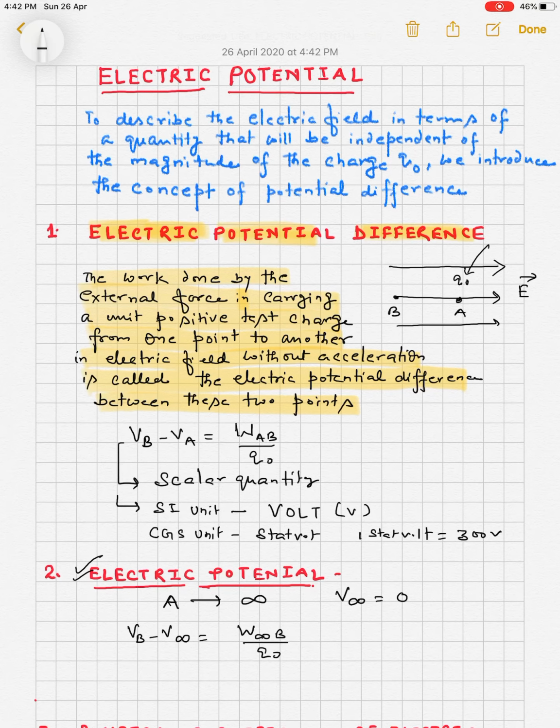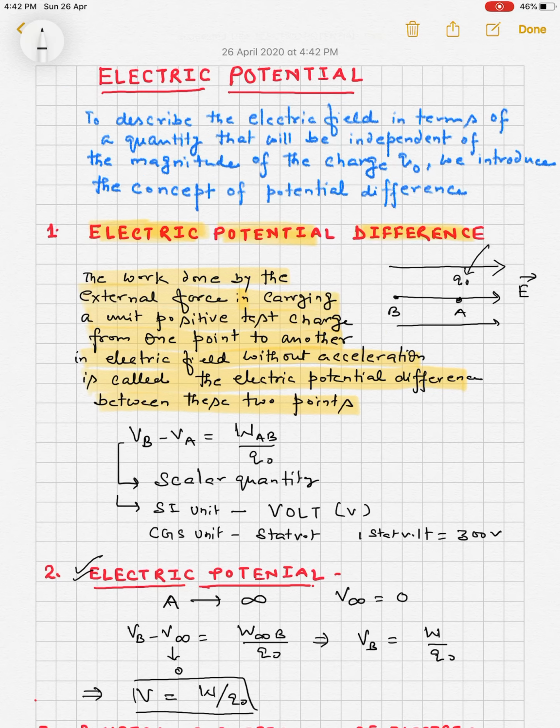V infinity is 0. So we have only the potential at B, which is equal to, now dropping the subscript, W upon Q naught, or again dropping the subscript, V equal to W upon Q naught.